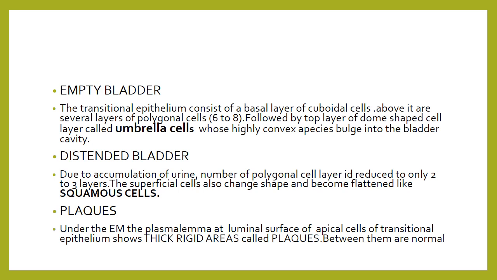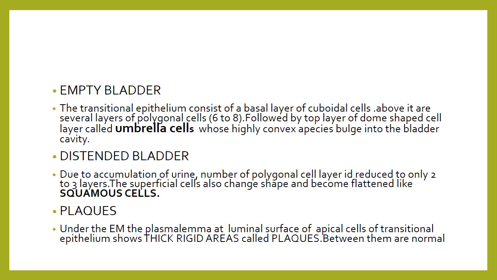We should have a concept of what happens to the transitional epithelium in an empty bladder and in a distended bladder. So in an empty bladder, the transitional epithelium is thrown into folds, and it consists of a basal layer of cuboidal cells which is single.